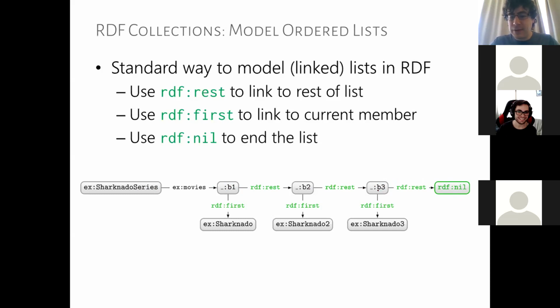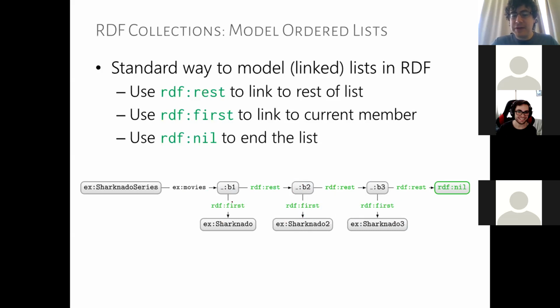This is also a list node, and it indicates its first element, and then it indicates the sublist that continues it. Here we have another list node, which indicates its sublist and its first element, and so forth. So what we have is a list with 1, 2, 3 elements.